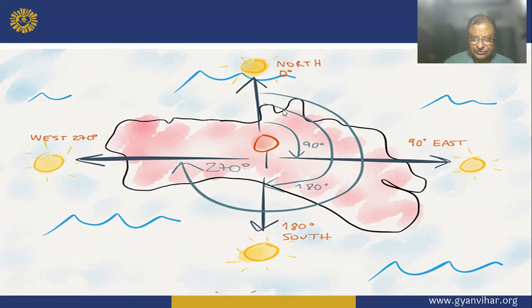So here it is 270 degrees and the entire circle is 360 degrees. Okay, and 360 or 0 are the same. Okay, my dear boys.